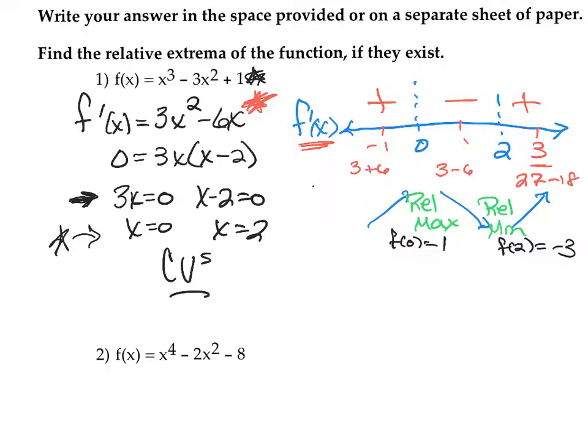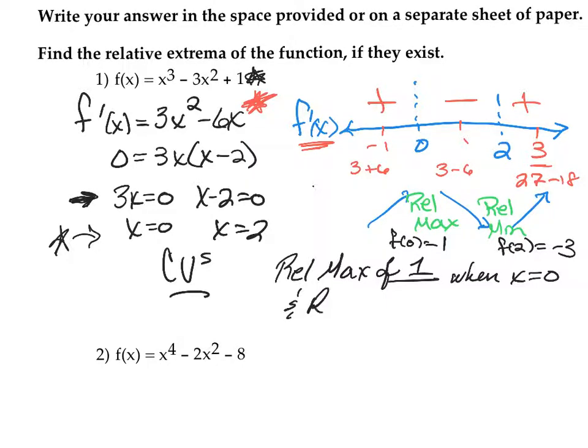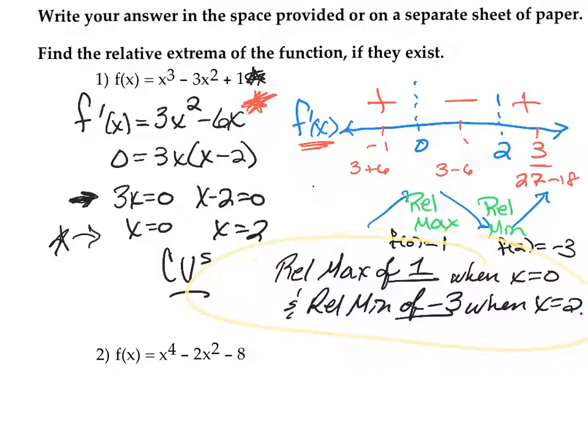Now we need our solutions. We have a relative max of, put the y value, 1 when x is 0, and a relative min of, write as y value, negative 3 when x equals 2. The reason why we pull these values off, here, this is the relative max.